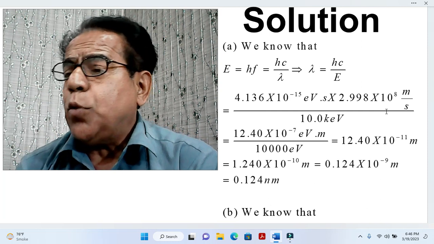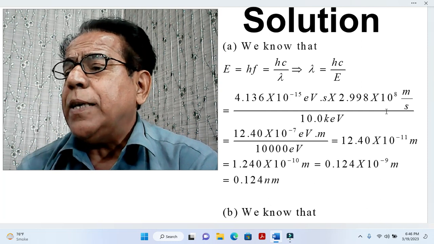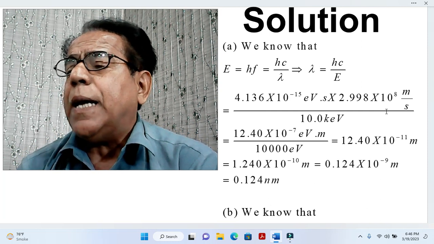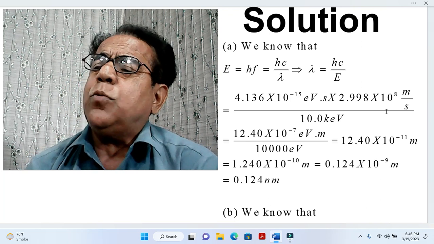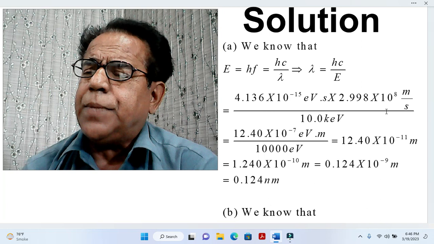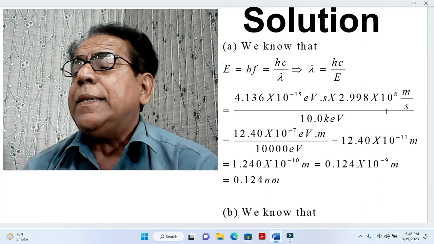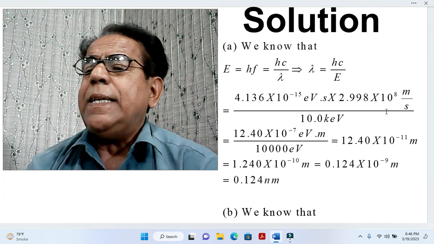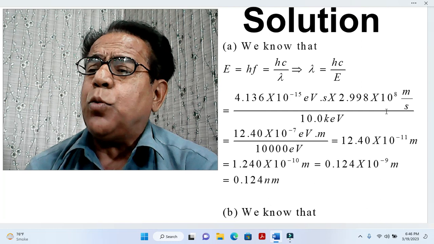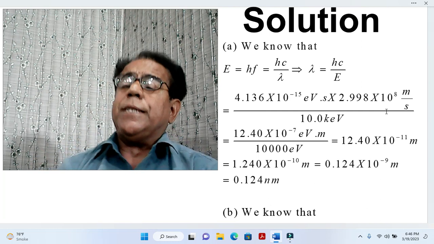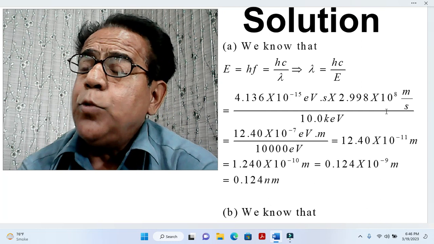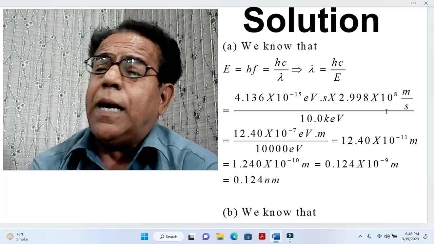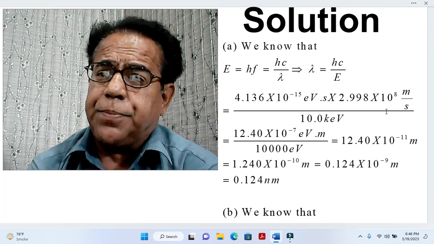Okay, so to the extent of 12.40 into 10 raised to the power minus 11 meter, our answer is quite acceptable, but this is slightly less appropriate, because I have already mentioned many times that for us 10 to power minus 11 is not very important.